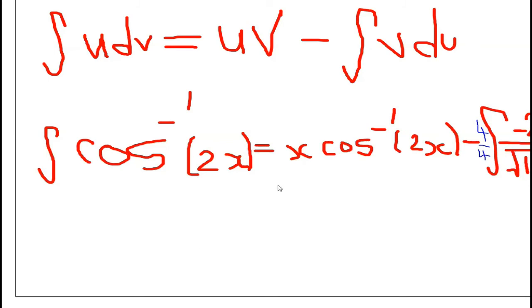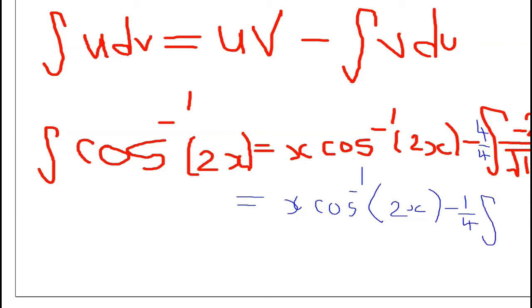So this is going to work out to be x cos inverse of 2x minus, now this is your u and you're calling the numerator your du, so it's 1 over 4 times the integral of 4 times minus 2x, which is minus 8x.